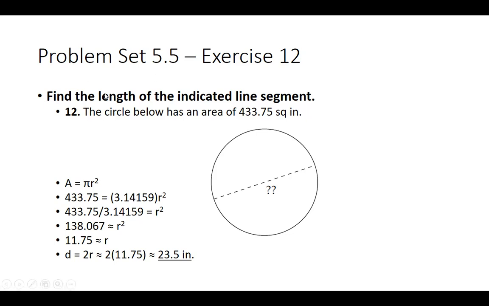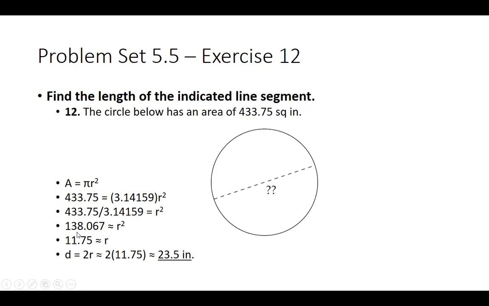To get r by itself, we have to start by getting r squared by itself. So divide both sides by 3.14159. And 433.75 divided by 3.14159 is 138.067. That's r squared. To get r, we would need to take the square root of both sides.